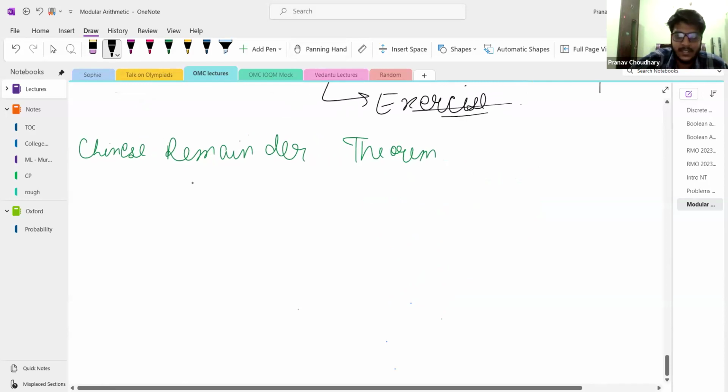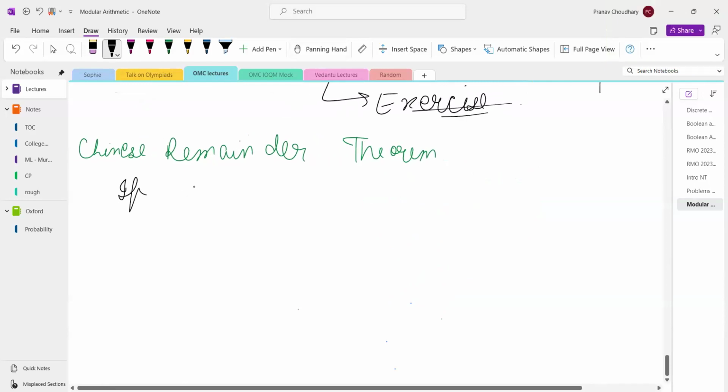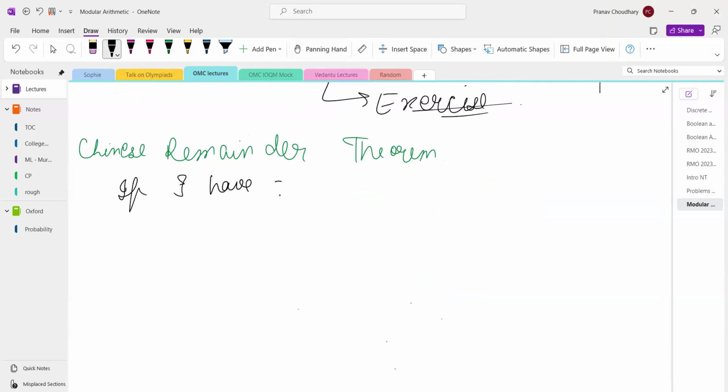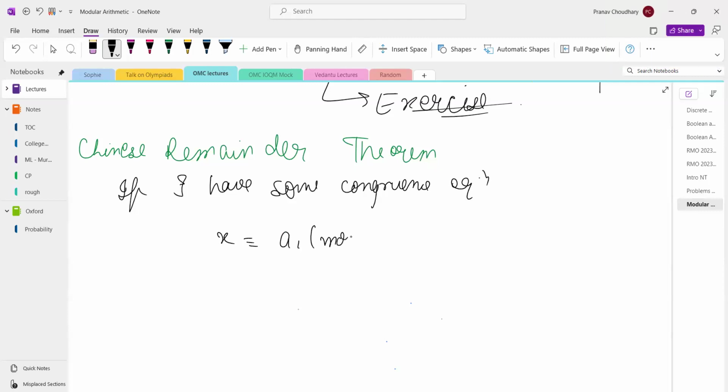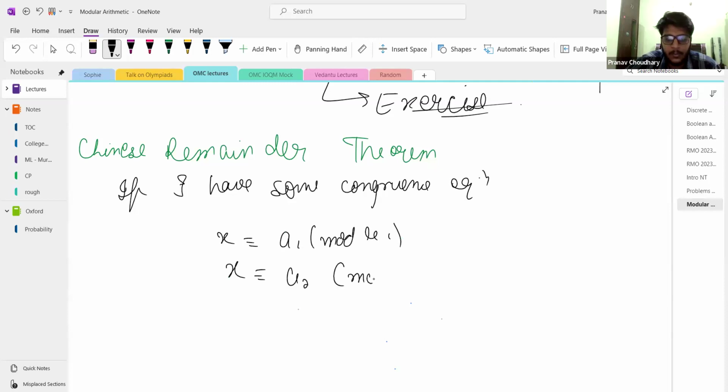What this thing says is if I have some congruence equations: x congruent to a1 mod b1, x congruent to a2 mod b2, so on till x congruent to ak mod bk.